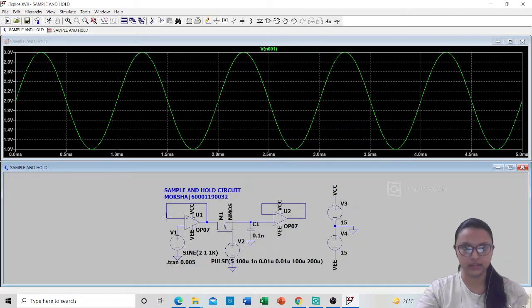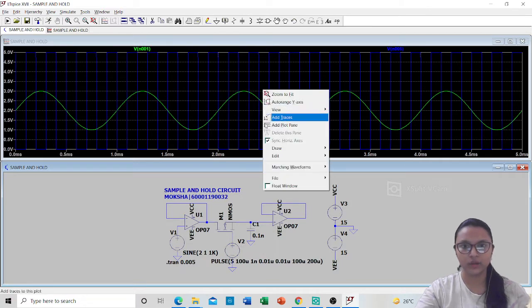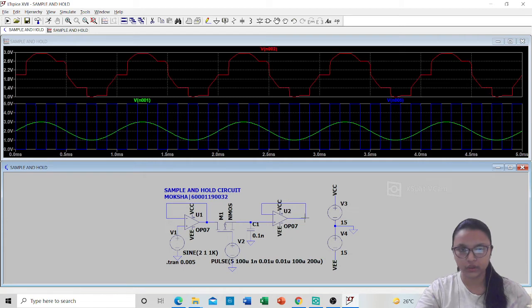This is the input side, the square waves. I'll add one more plane. Just right click on the graph and add plot plane, and I'll show you the output.